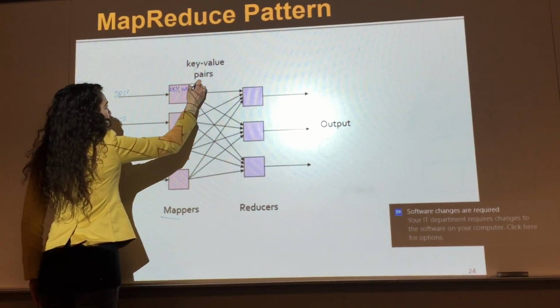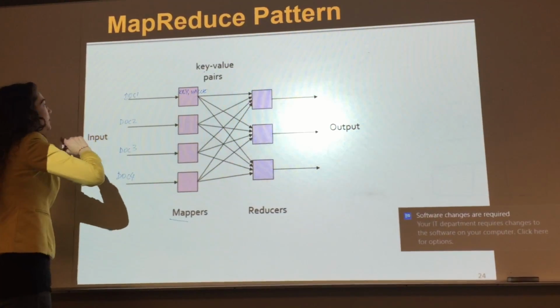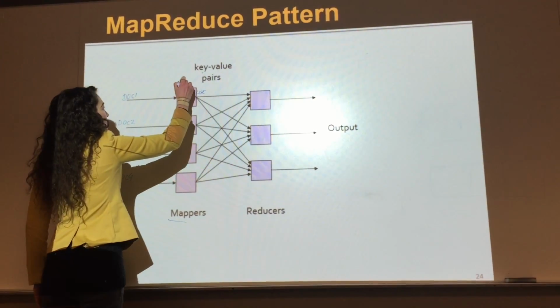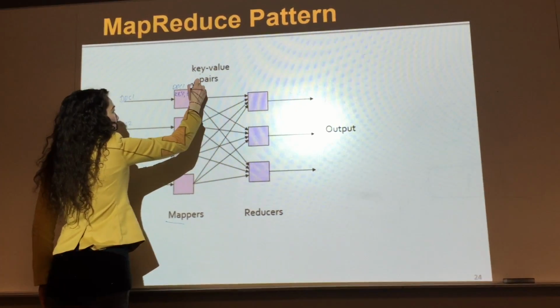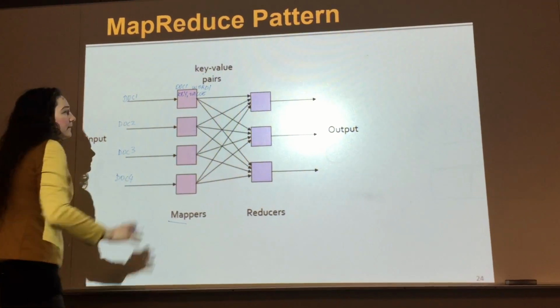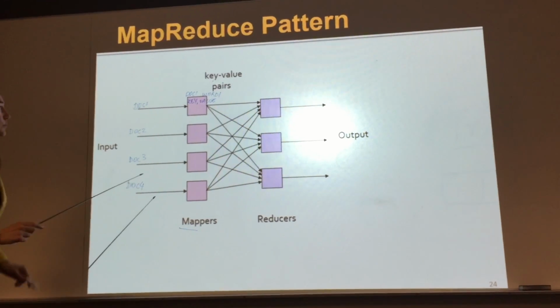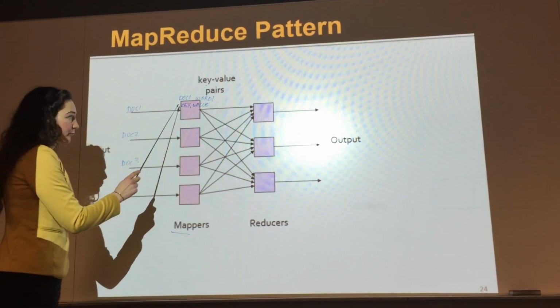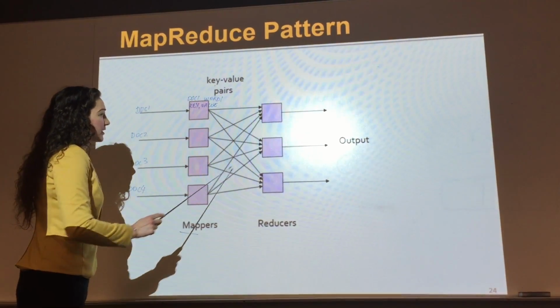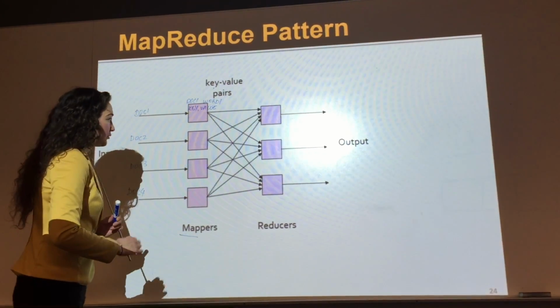So key value. Let's say this is document 1, word 1, and then multiple mappers might produce a result that is taken by a single reducer.